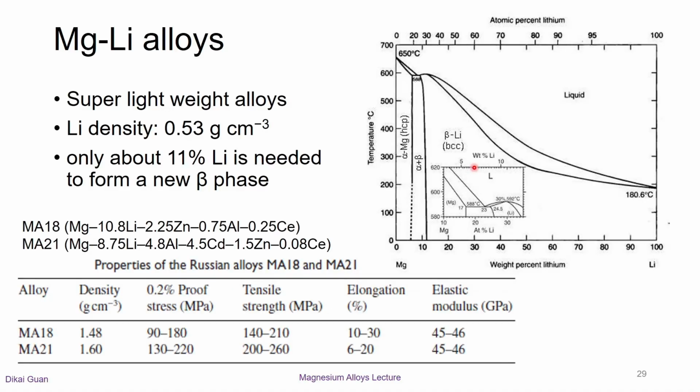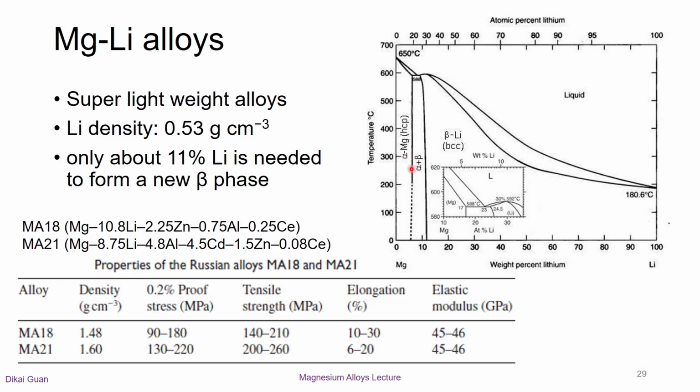Lithium is the only alloy element which decreases the density of magnesium. The phase diagram shows a eutectic at 588 Celsius degrees with a solubility limit of lithium in magnesium of 5.5 mass%, which is largely retained at lower temperatures.